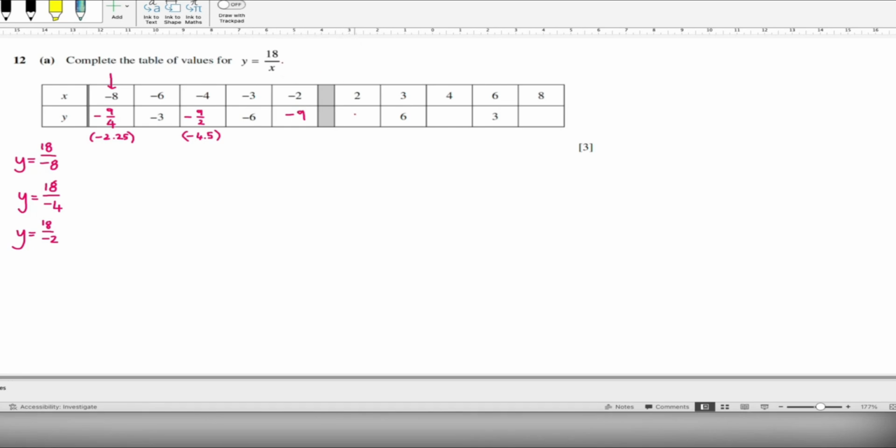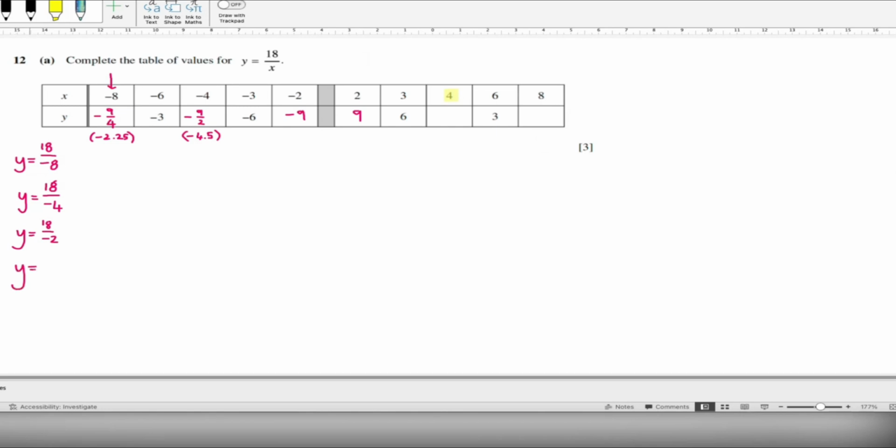What is 18 divided by 2? What will y be if x is equal to 2? That will be equal to 9. What will the y value be if the x value is equal to 4? Think about that. So I'm going to write this one out again.